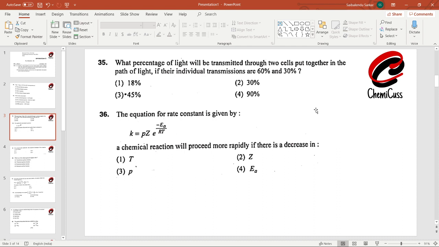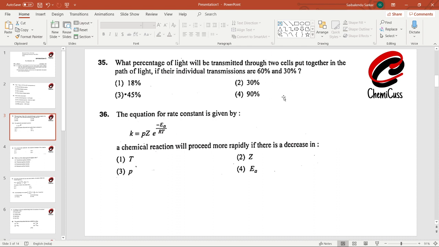And you have to tell how much percentage of transmission has happened after this final transmission. Now the first step is the first cell, which transmits only 60%. That means it goes from 100 to 60%.